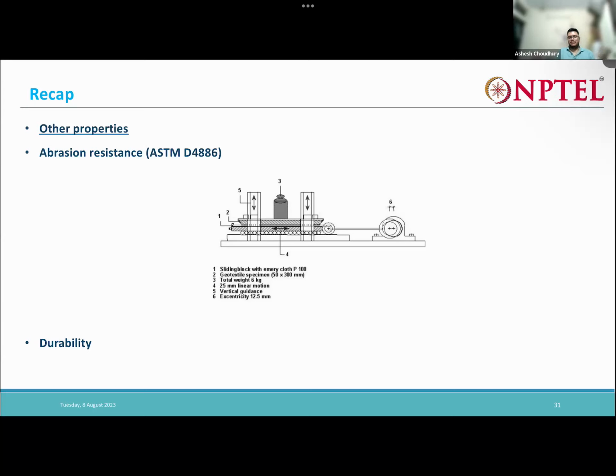Due to that, the geotextile surface will get eroded. There will be abrasion, and the mass of the geotextile will keep on reducing. There will be wearing of the geotextile. To quantify that, the abrasion resistance test is done.